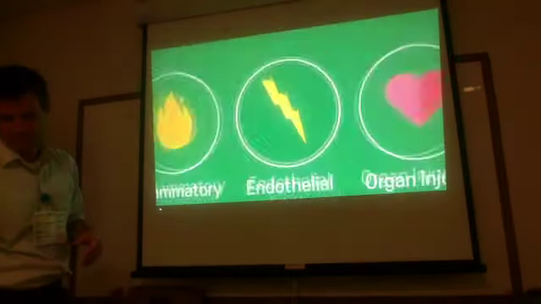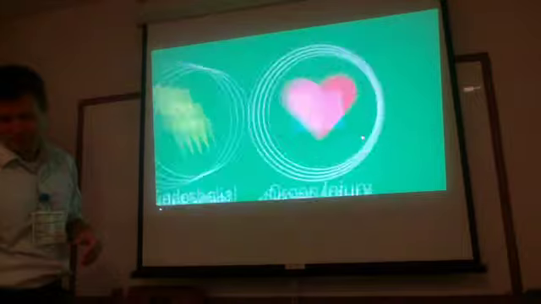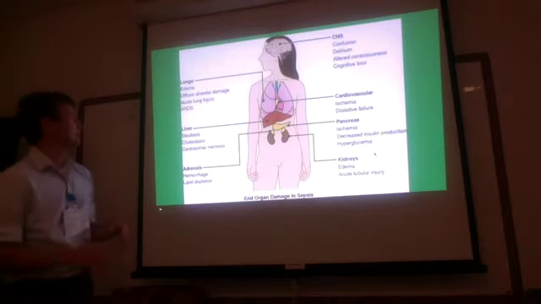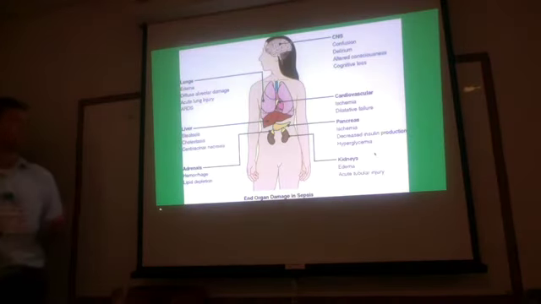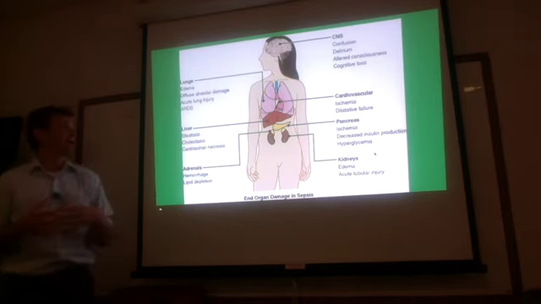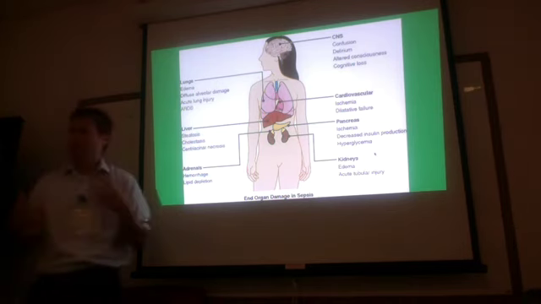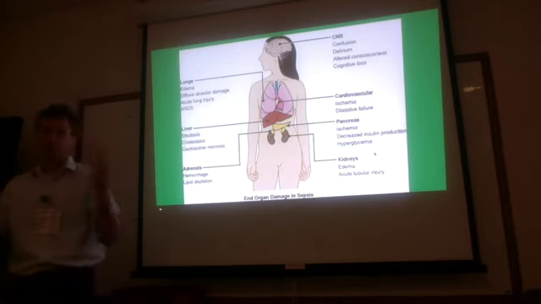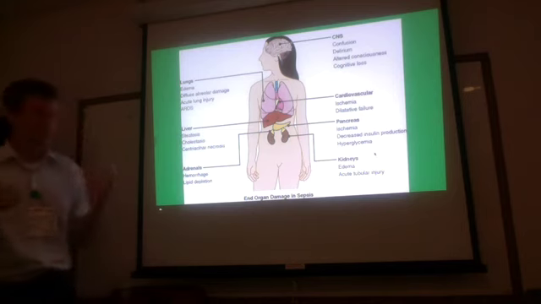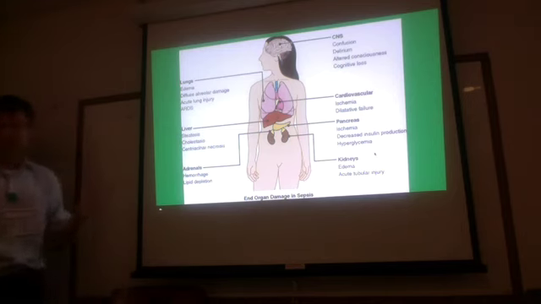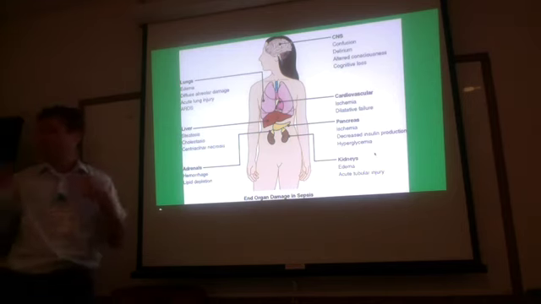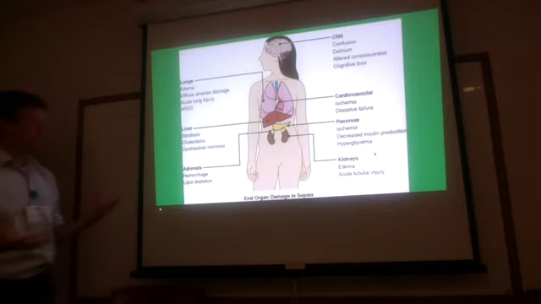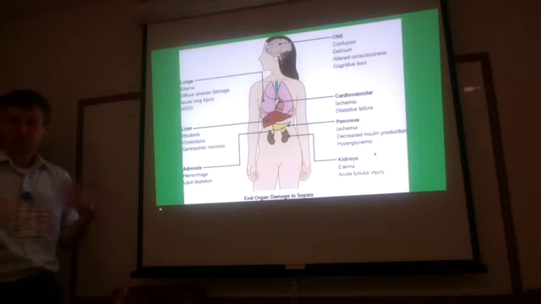So if we look, and this is a pretty generic slide, at what happens in your brain, you'll get confusion, you get delirium, you're not with it, just because you have a global injury to the brain cells. In terms of your lungs, if they get leaky, you get fluid that will pool there, and this can lead to lung injury and acute respiratory distress syndrome.